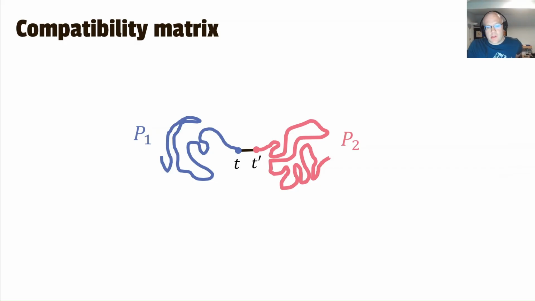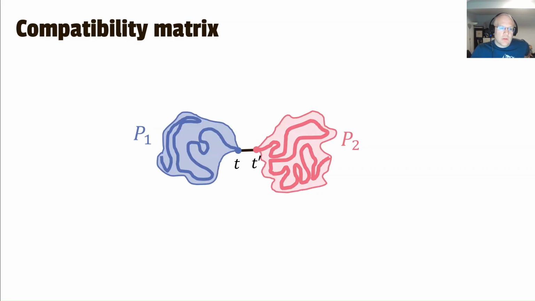And now the question arises, when do the partial solutions P1 and P2 combine into a global solution? And the point here is that you don't really need to know the structure of P1 and P2. They will always form a solution together unless they are intersecting.